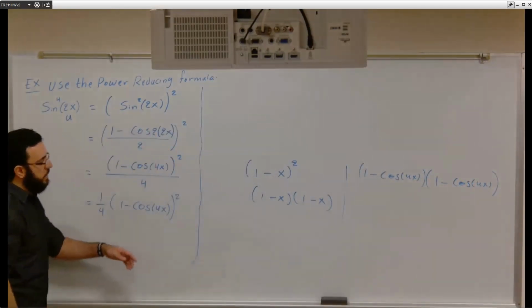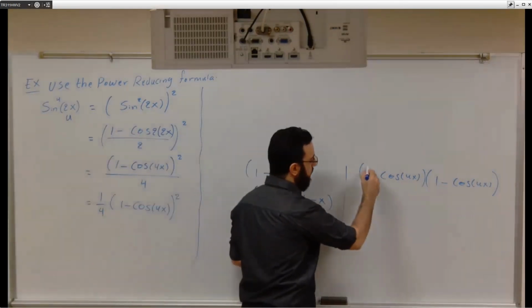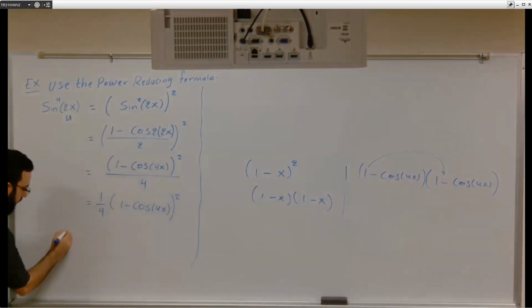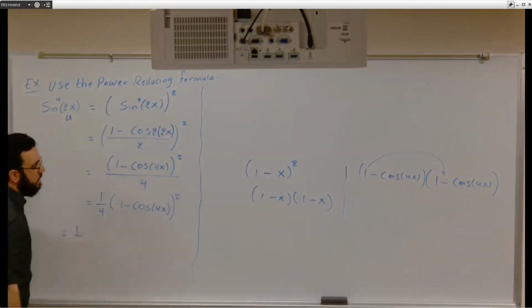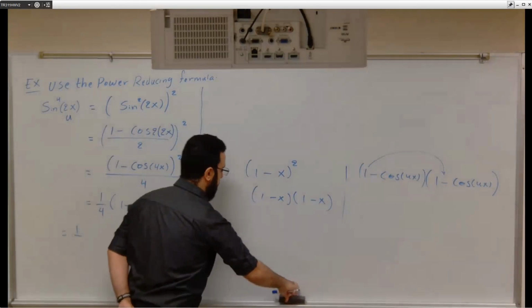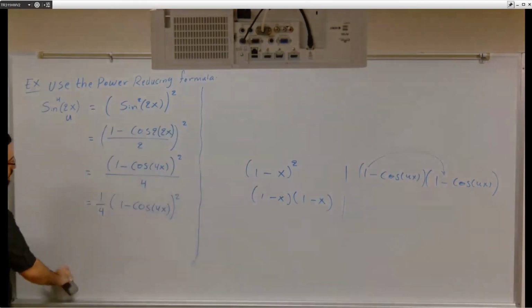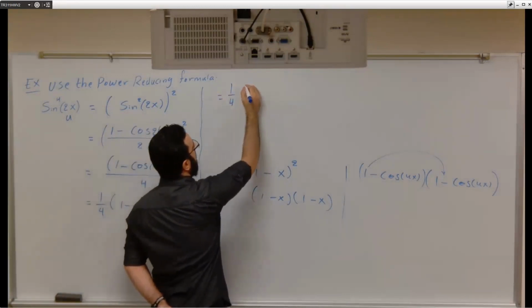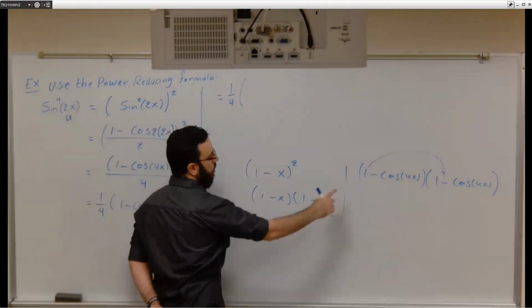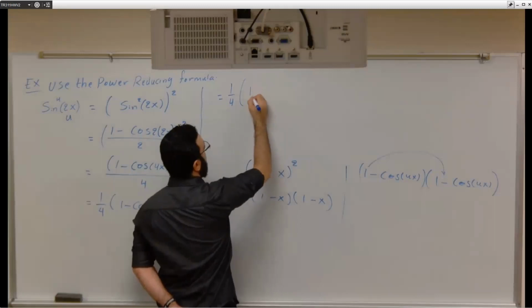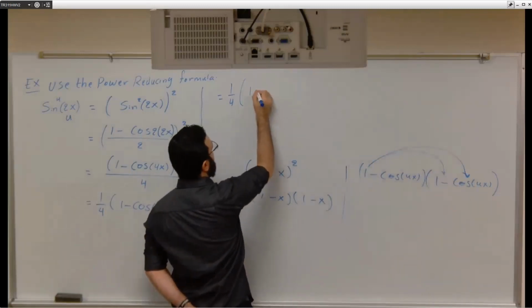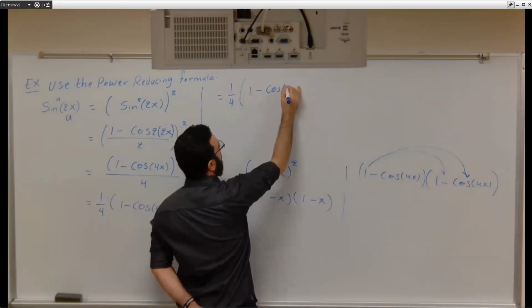Let's FOIL these two. 1 times 1. So here is 1 over 4. So 1/4, open parentheses, 1 times 1 is going to be 1. 1 times cosine 4x is going to be negative cosine 4x.